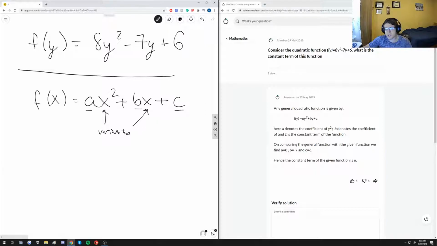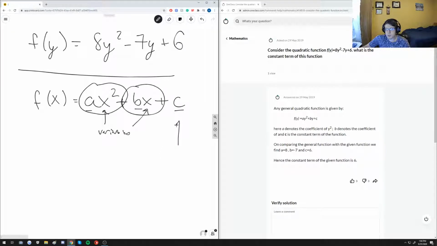Now, a constant is a number that is by itself and doesn't rely on any variable, right? So for example, if we look at the ax squared term right here, we see that this entire term relies on the value of x, so it's not constant, it's always changing as x changes. Same for this bx term.